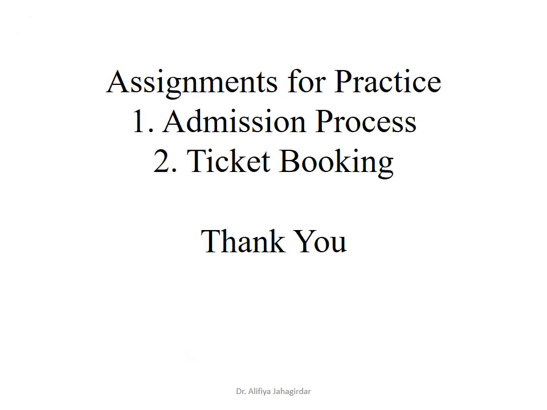Now I want you all to practice assignments, like identifying the elements of the admission process, or of a ticket booking system. For ticket booking you can take a theater, a park, a train, any ticket booking system. Please identify the subsystems, inputs, processes, outputs, feedback, control.